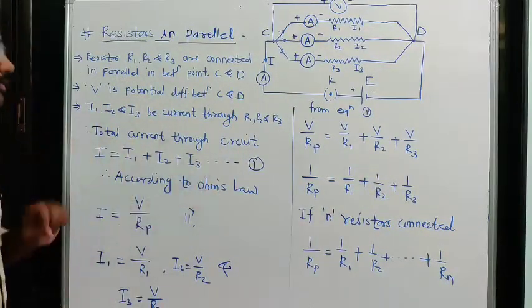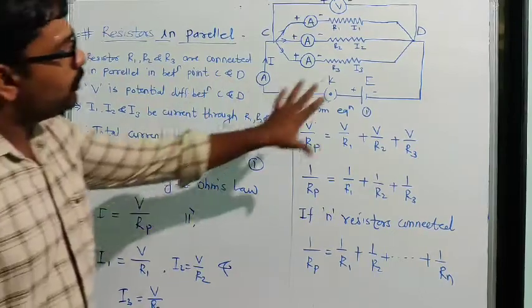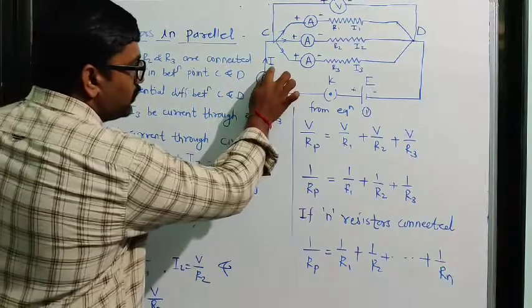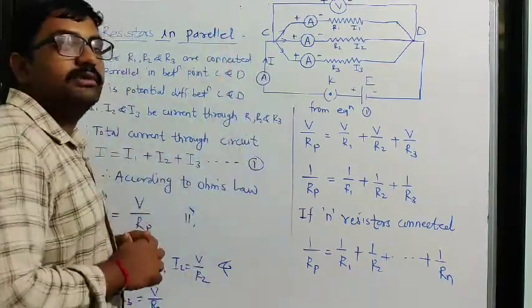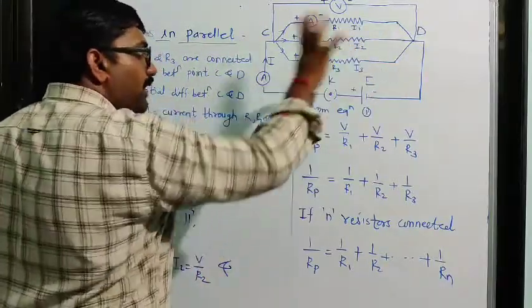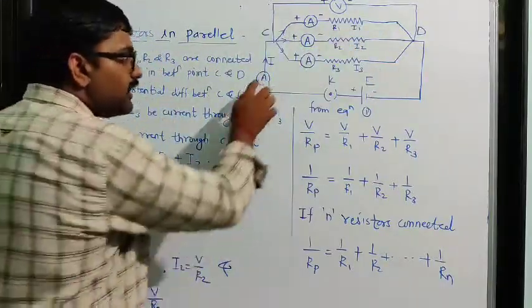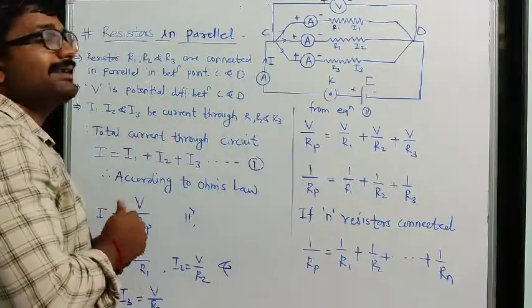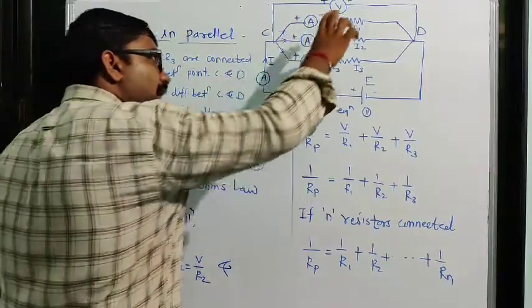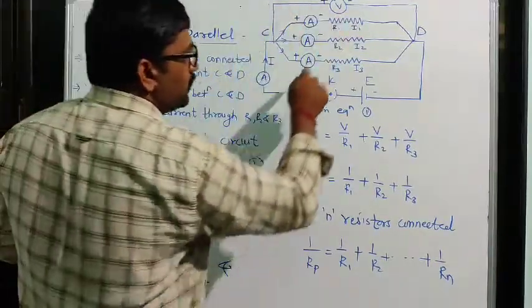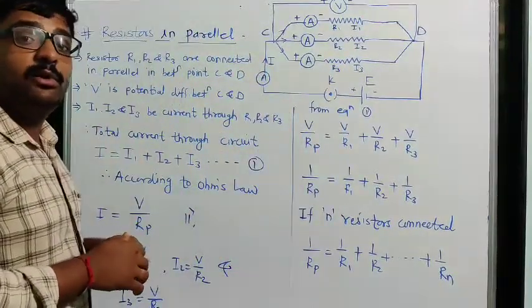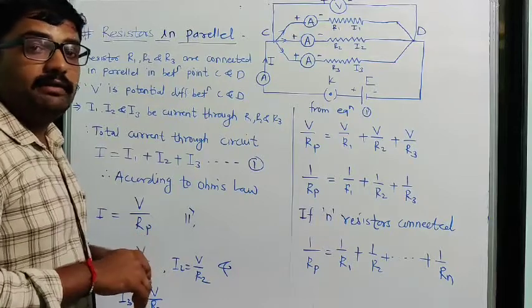So according to Ohm's law, if we use it for this diagram, I is the total current flowing through this circuit. I is the addition of I1, I2 and I3, that is the total current, capital I, flowing through this circuit. Now how much total resistance is present in this circuit? R1, R2 and R3 are the three resistors which are connected parallelly with each other.